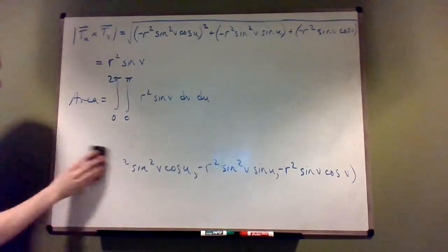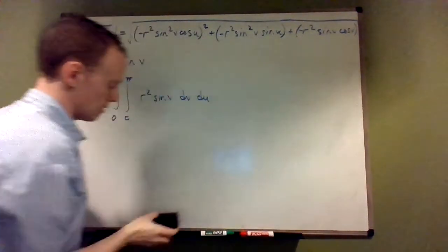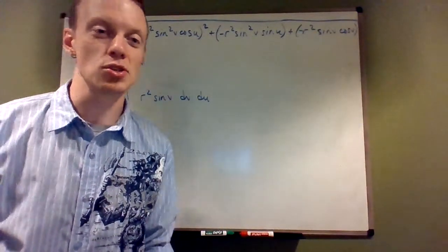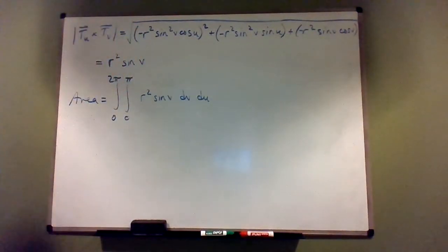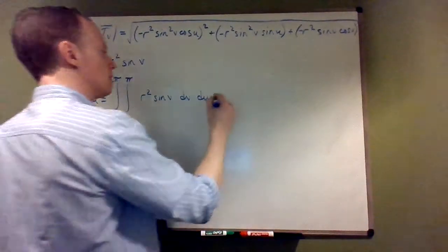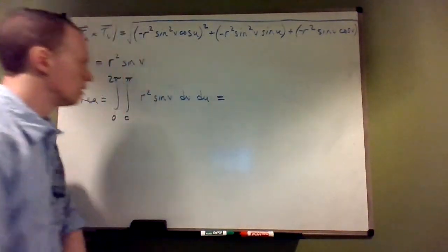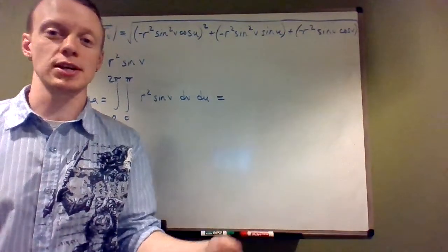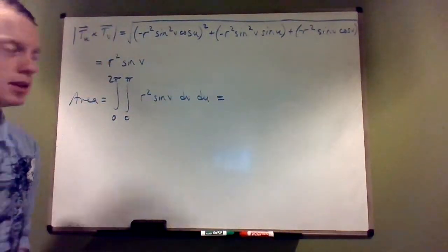So this is the integral that we have left to calculate. And this is nothing that is too bad here to really work with. The r is fixed. R is just a fixed constant, so we can pull that outside of our double integral.